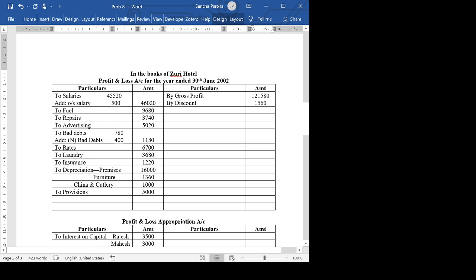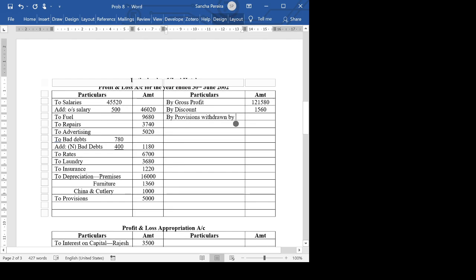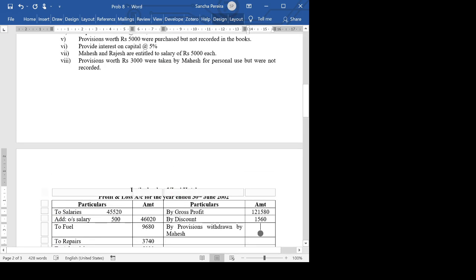Here it is provisions withdrawn by the partner, not the proprietor. So by provisions withdrawn by Mahesh, which is 3,000.